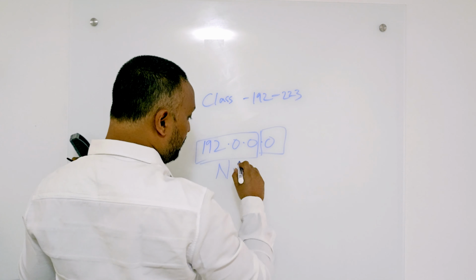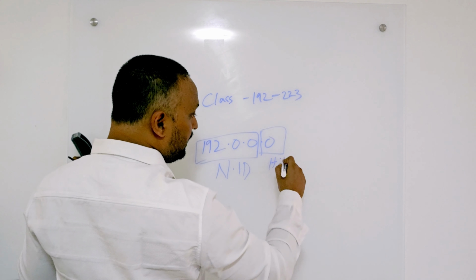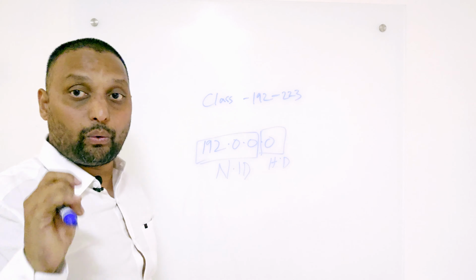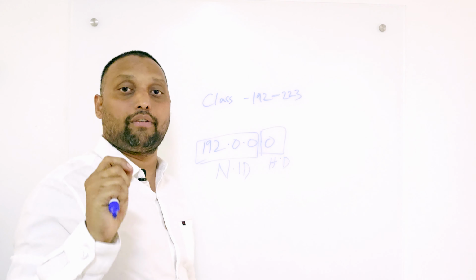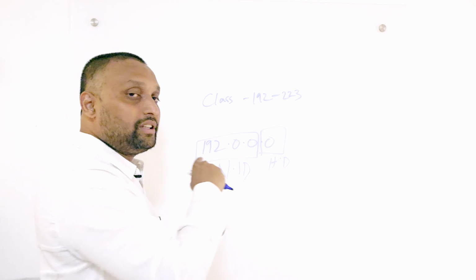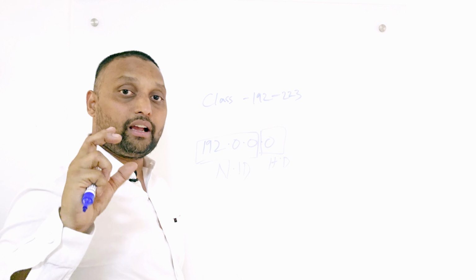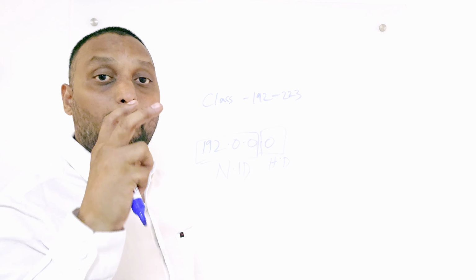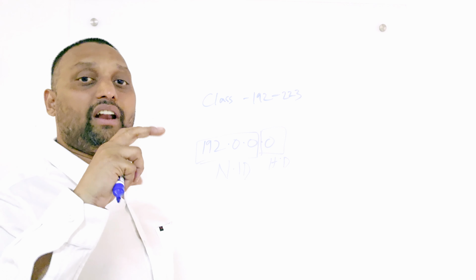So this will be the network ID and this will be the host ID. In a single class C network, we can accommodate hardly 255 machines. Anything beyond 255, there will be a change in the network ID and that will be considered a separate network, and we need additional hardware to communicate between these two networks.